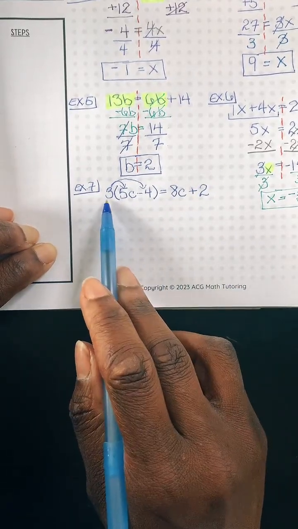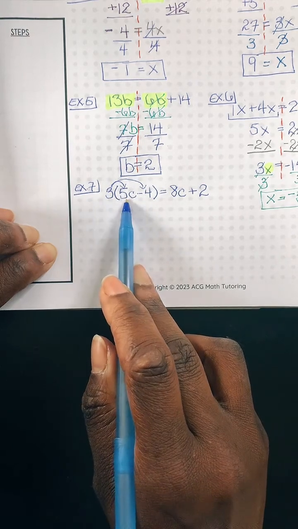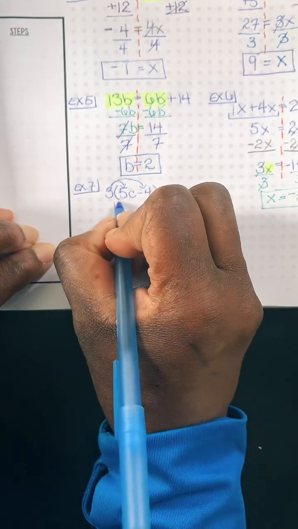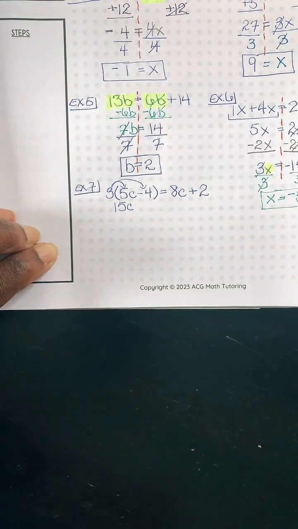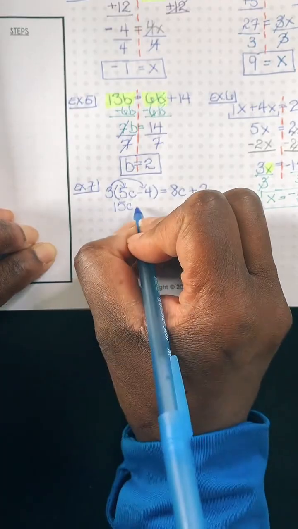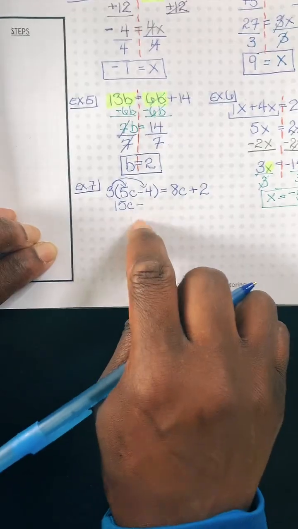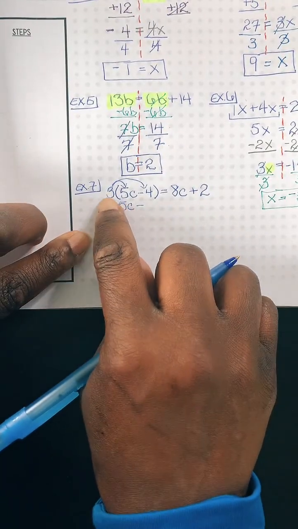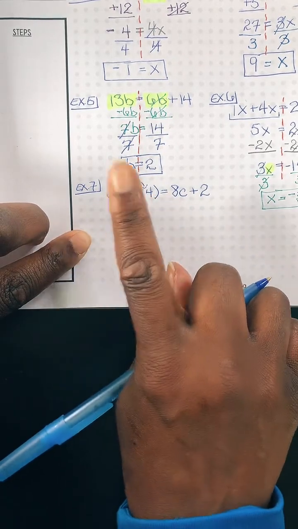So now we have 3 times 5c. What's 3 times 5? Okay, so I'm going to do the 15c. So now minus, and this is what gets every single solitary kid. Every kid that I ever had, they always say, okay, 3 times 5 gives me 15c, and they say minus 4.